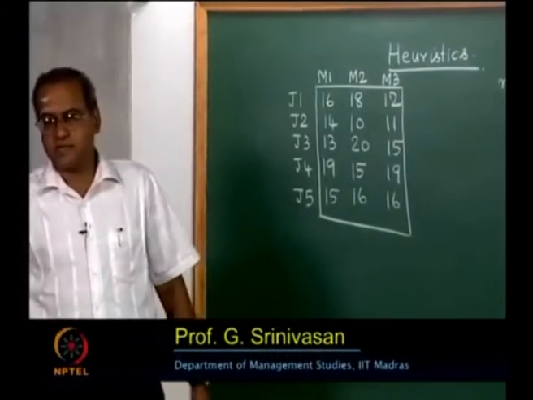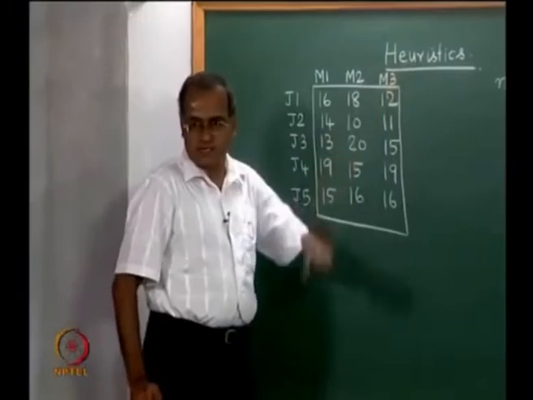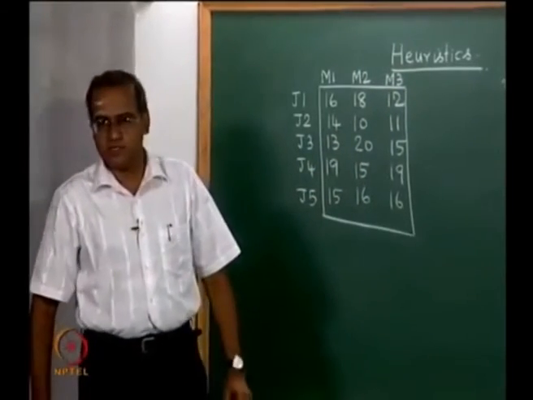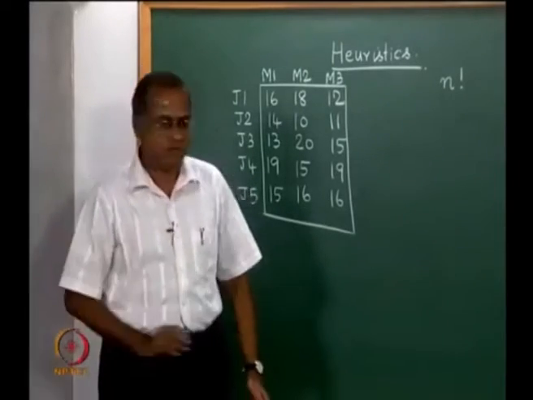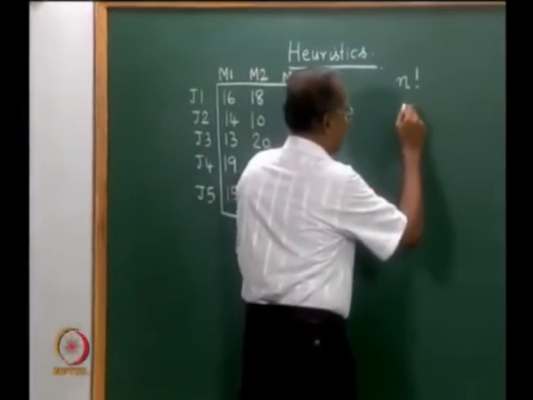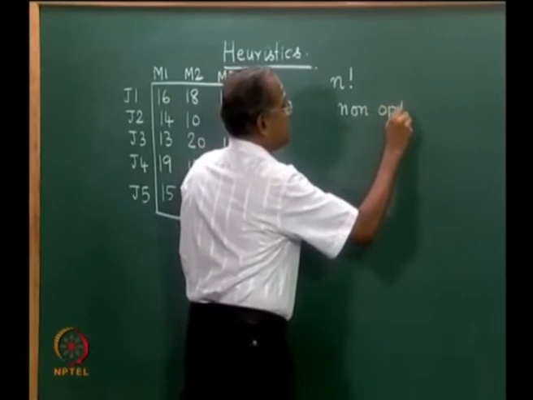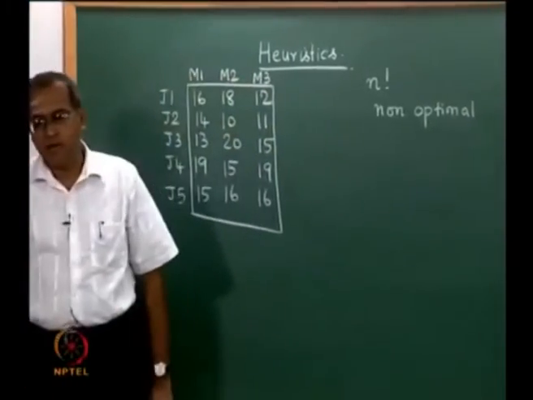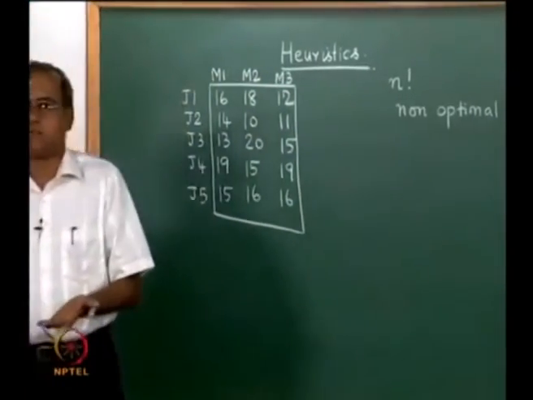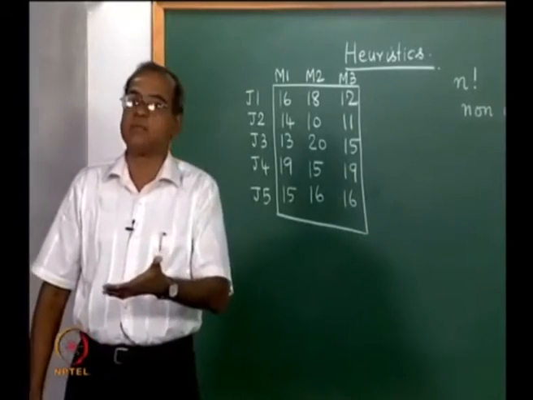So, in such cases it is customary to resort to what are called heuristics or heuristic solutions, which do not guarantee optimum. They can be termed non-optimal methods, but for certain instances the heuristic solutions can be the optimum solutions themselves.